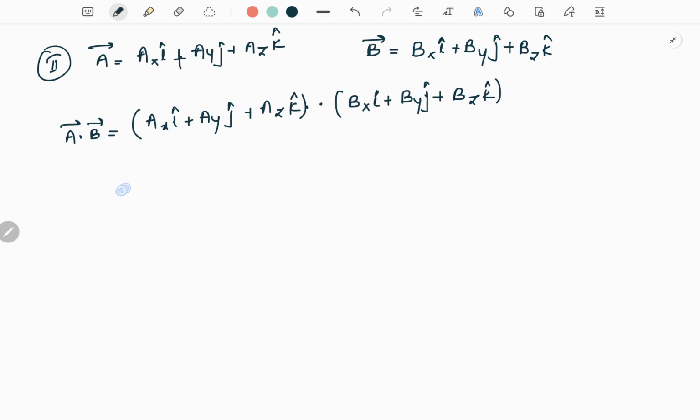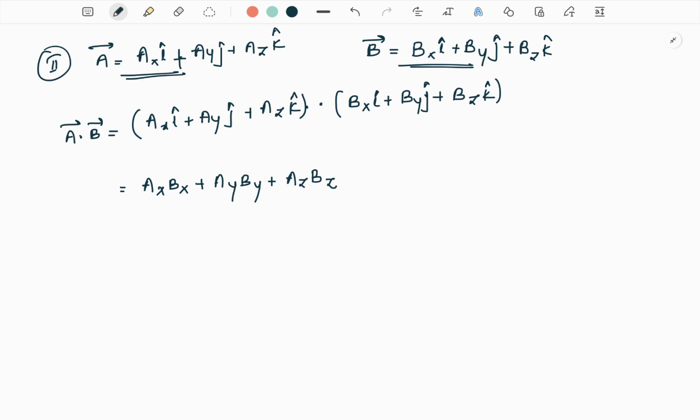If we do the dot product, we get ax bx plus ay by plus az bz. So if the two vectors are given in terms of their respective components, this is how we find their dot product.